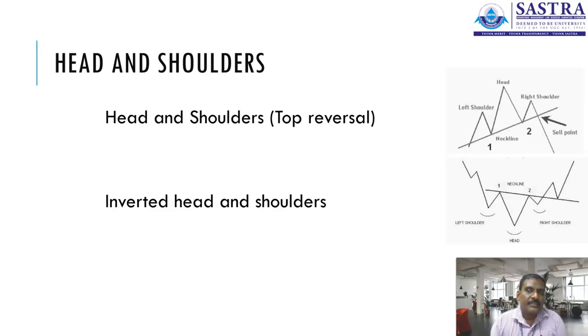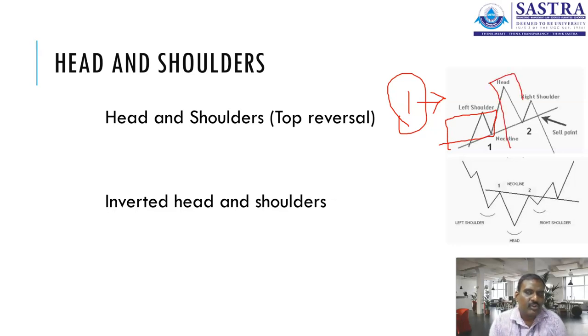So you can take picture number 1 here. This picture 1 is explaining the head and shoulders top reversal pattern. With this, this particular part is identified as the left shoulder, and this one is the head.